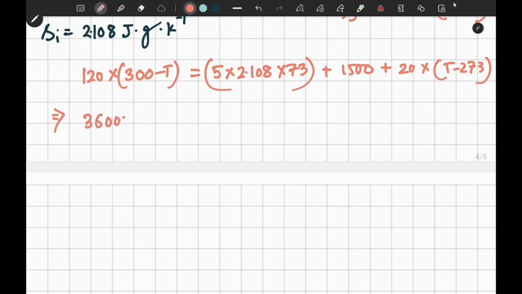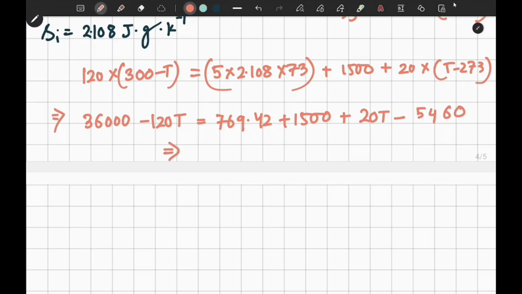This is just calculating. We have to calculate 2.108 into 73. So 769.42 plus 1500 plus 20T minus 5460.